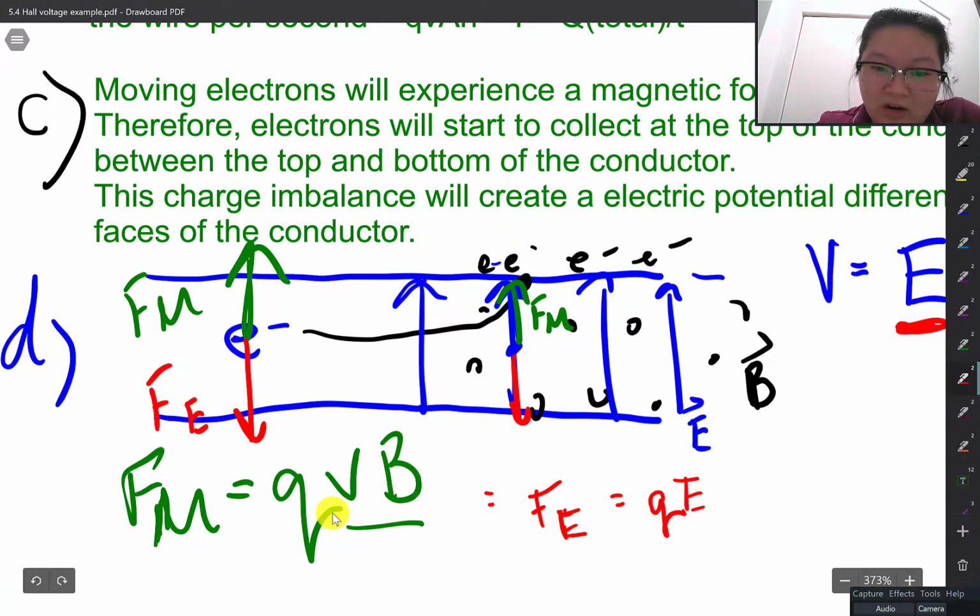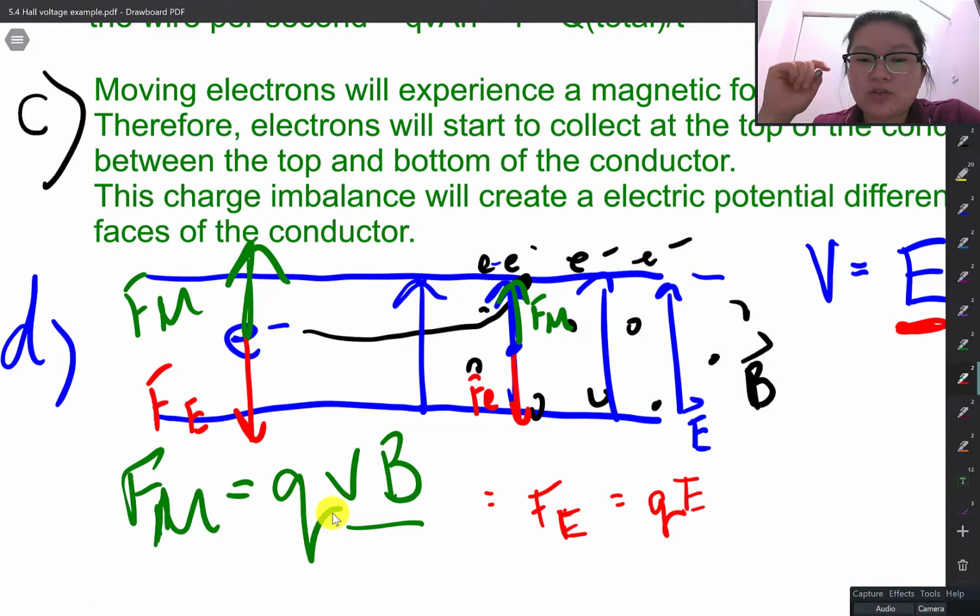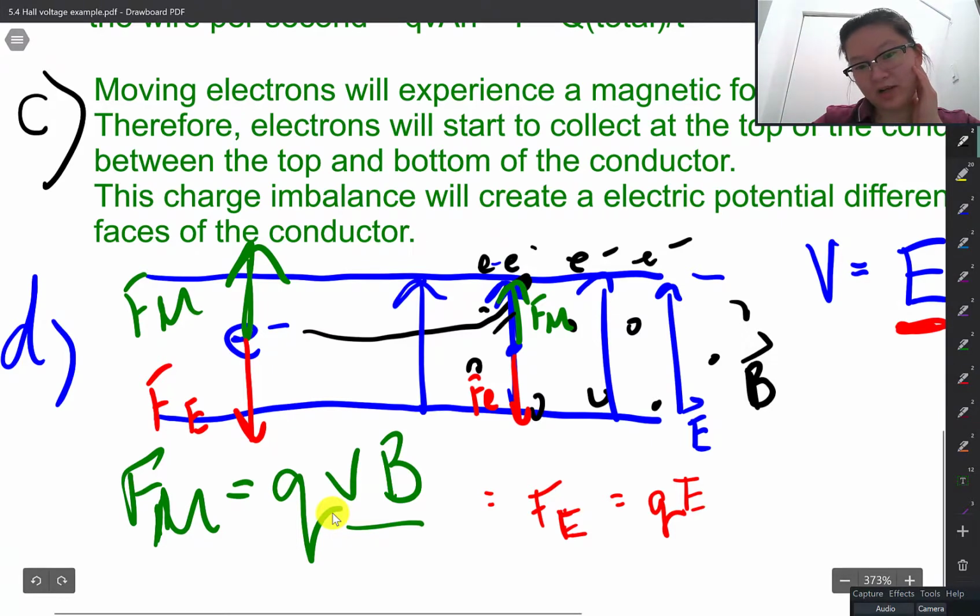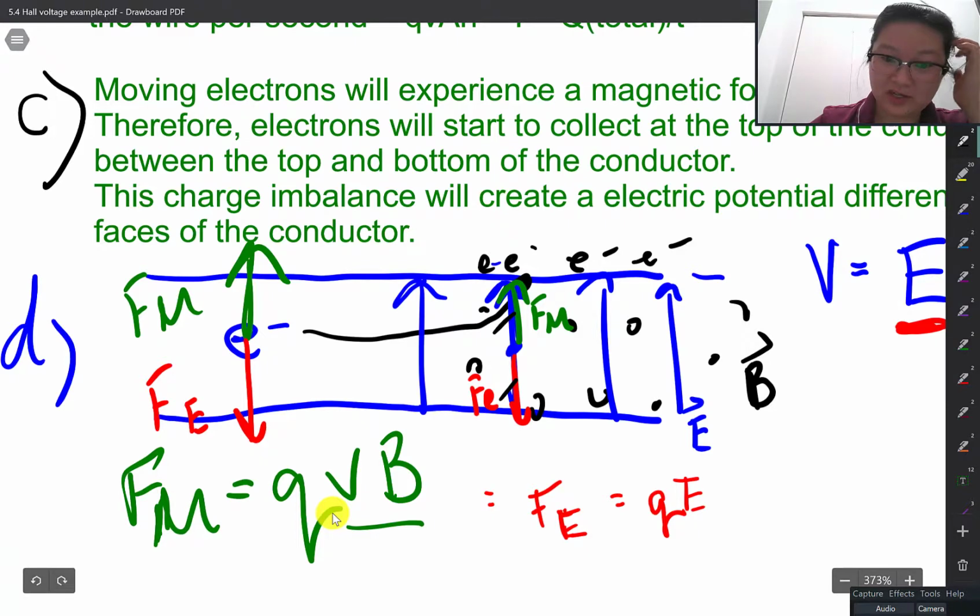So there's also going to be an electrostatic force due to the field. When there's enough electrons collected at the top, the next electron is going to experience the same magnetic force as well as the same electric force. So that's a certain sweet spot.